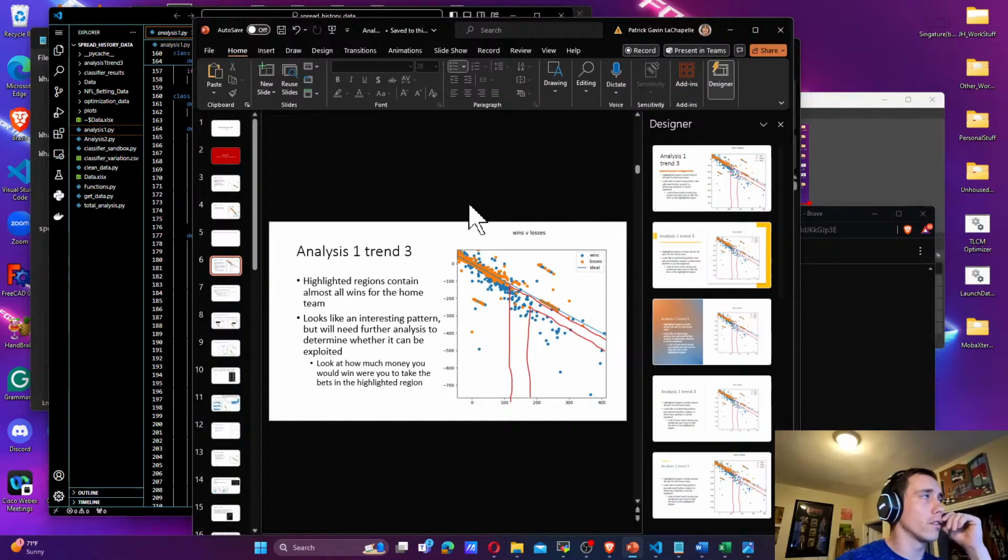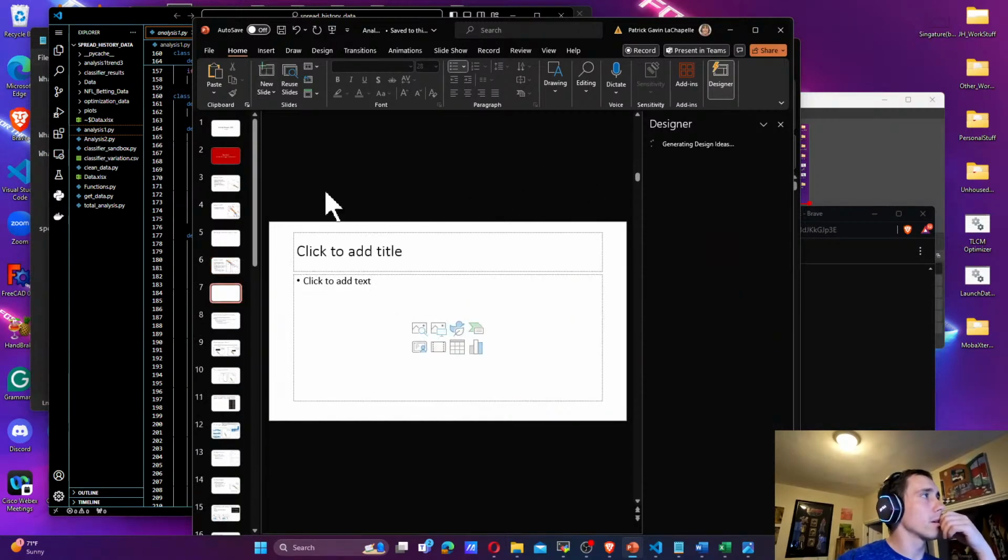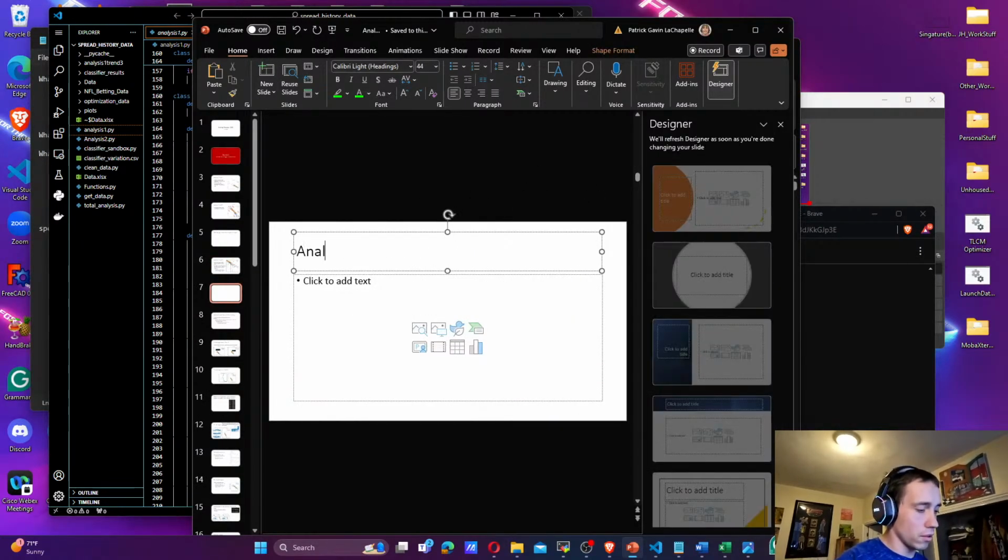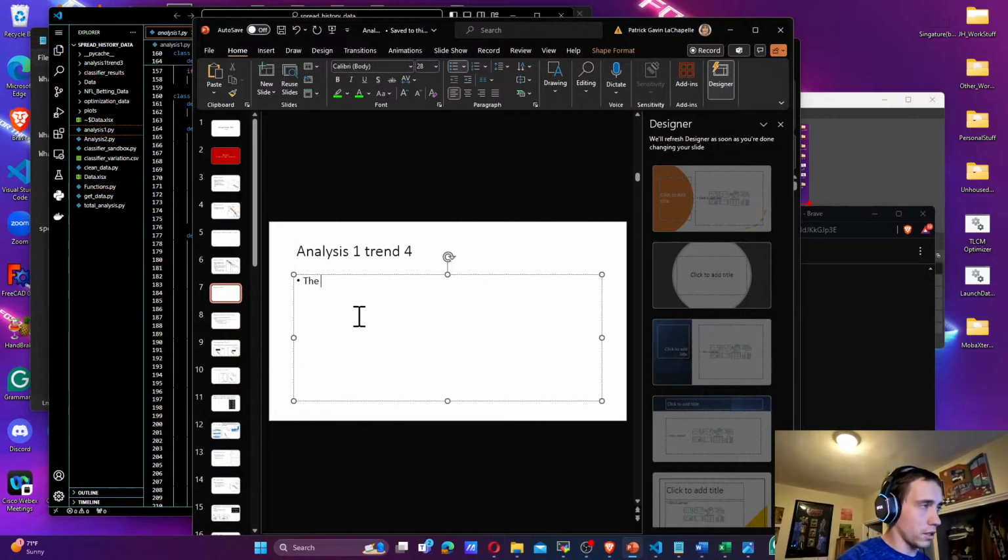Huh, that's funny. Okay, so let's do analysis 1. Trend 4 is the data appears to follow 2 different linear trend lines.